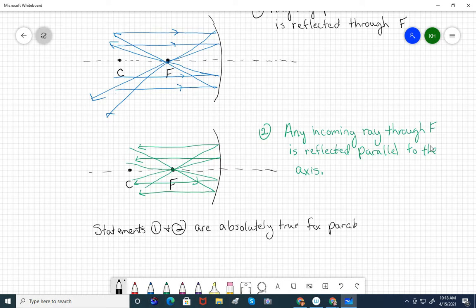Parabolic mirrors obviously actually have the shape of a parabola, and they have one focal point. They're extremely precise.